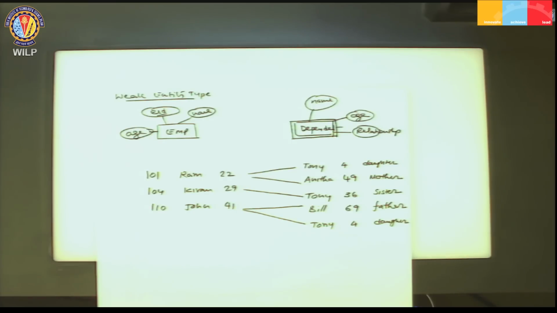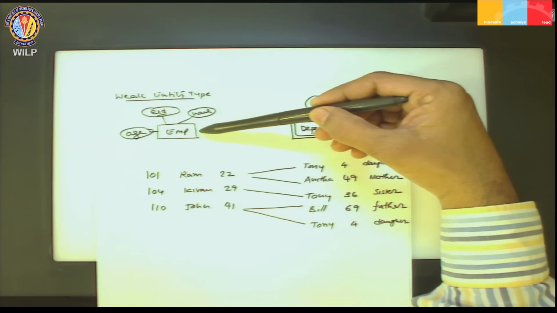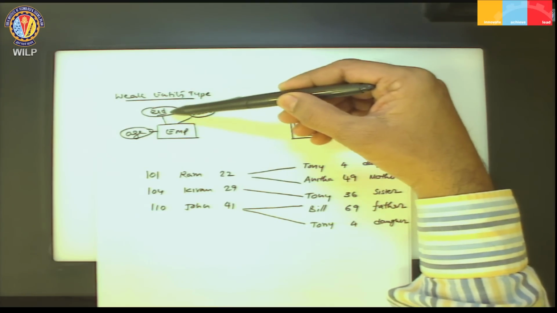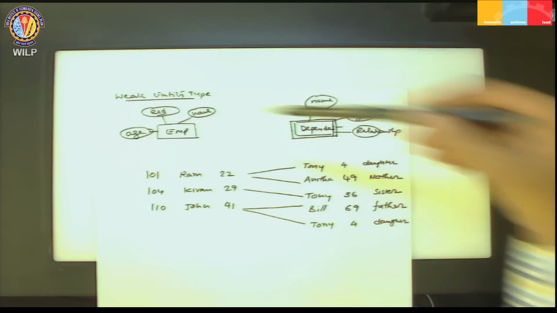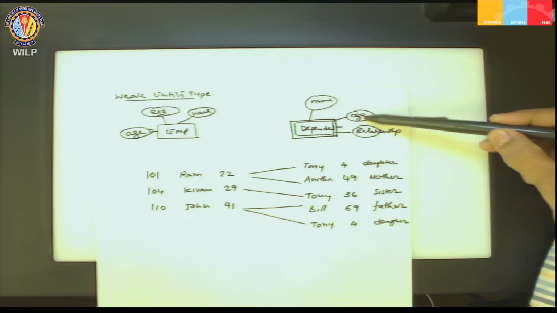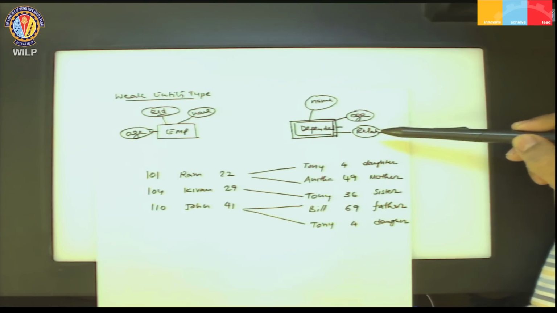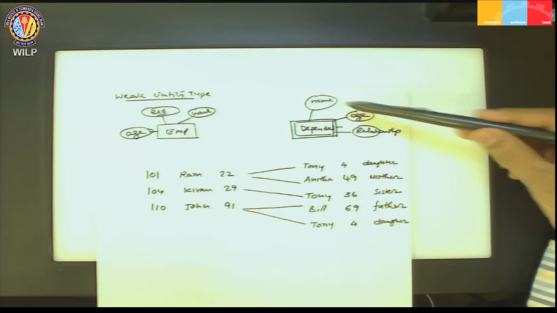That is possible. Now I have captured the employee as entity type EMP, which has employee ID, which is a key, age and name. Then I have the dependent entity type which has name, age, and relationship with the owner, that is the employee. Some dependent may be the son of some employee, some dependent may be the sister of some employee, and so on and so forth. So these are the specific attributes of dependent.